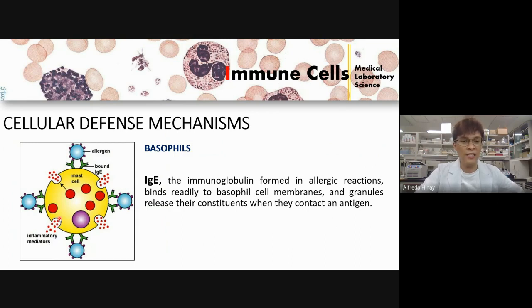So your basophil also has IgE, okay, an immunoglobulin involved in allergic reaction. This is somewhat the same as the example of your eosinophil, and it binds readily to basophil cell membranes, and the granules release their constituents when they contact an antigen. So your basophils will mature to your mast cells. Your mast cells will release your mediators, inflammatory mediators. Tawag naman natin dyan class mediators.